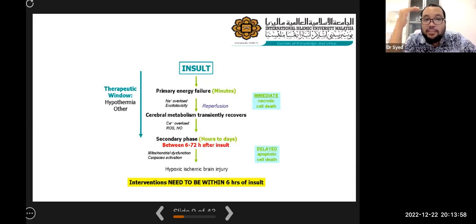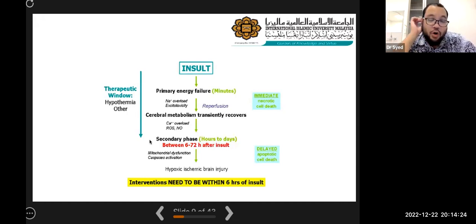And then cerebral metabolism transiently recovers. So masa ni apa jadi ni is overactivation of the glutamate apa semua ni result in calcium overload. So calcium akan keluar. Lepas tu apa lagi? Lepas tu ROS ni is a function of the free radicals. Apa free radicals? Contohnya nitric oxide. Contohnya macam ROS.